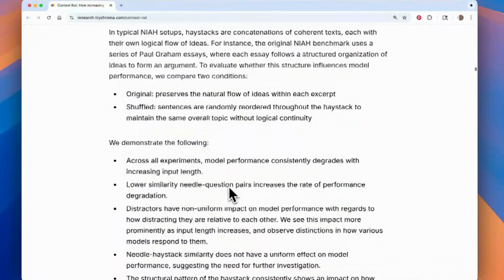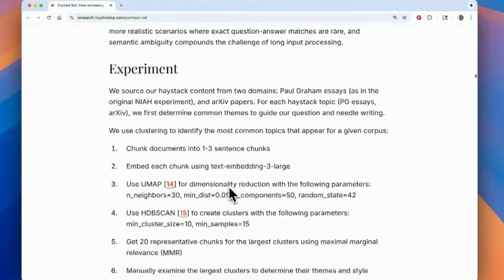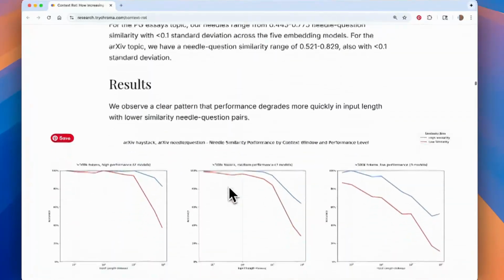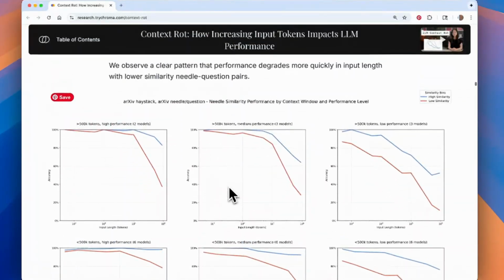So what they do here is they have a few little tests. This test is the needle similarity. What that means is if you have a question that's very similar to your needle, like, I'm looking for a needle and it says needle, that works; but if you're saying I'm looking for a long, metal, sharp thing that can sew, then it's not going to do as well.